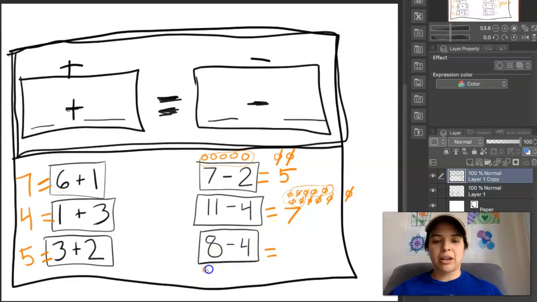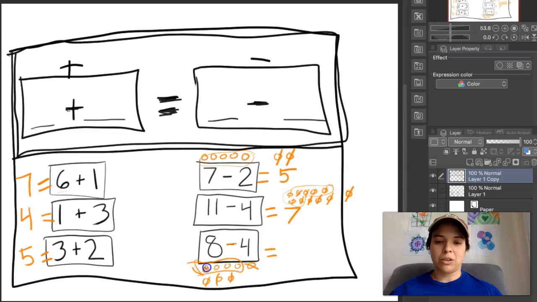Well, that's not going to be so bad. 1, 2, 3, 4, 5, 6, 7, 8. So there's my 8, and then I'm going to subtract 4 of them. 1, 2, 3, 4. And what do I have left? That's the answer.